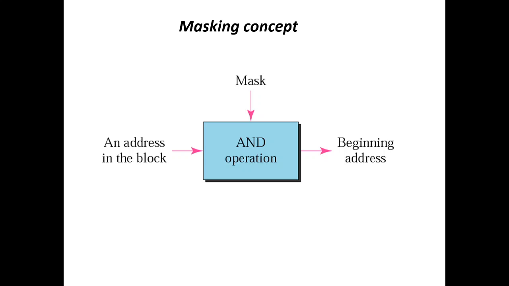So for each class there is a default mask. For class A, the default mask is 255.0.0.0. For class B, the default mask is 255.255.0.0, and for class C, the default mask is 255.255.255.0.